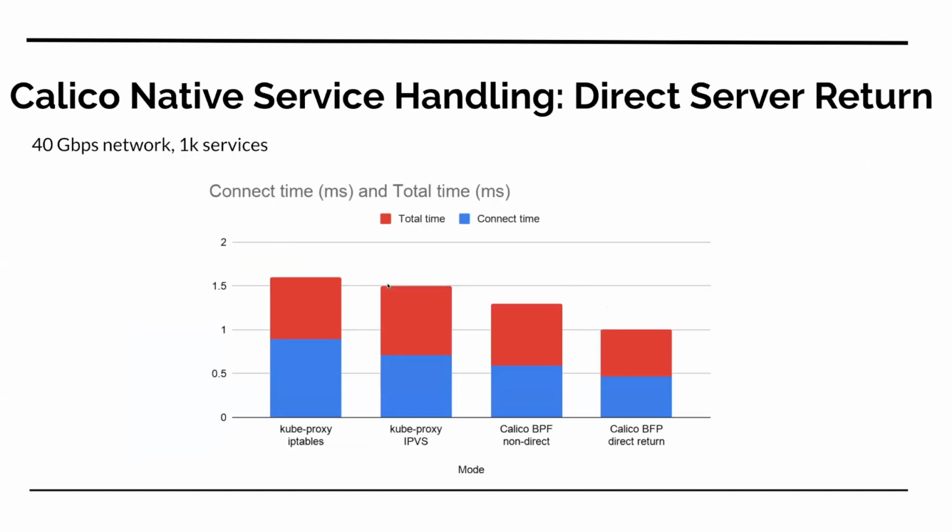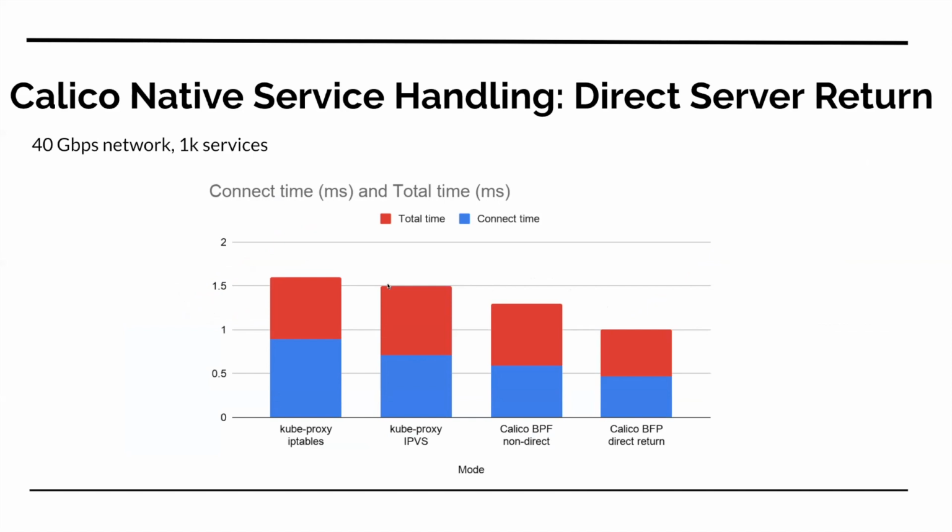Just in terms of performance around DSR, this graph shows the improvement in connect time latency and single request response latency by removing that extra hop. And this was calculated on our 40 gig test bed that we showed earlier.